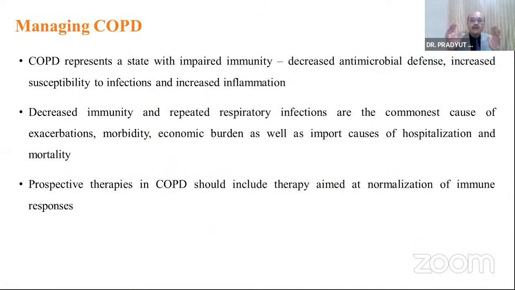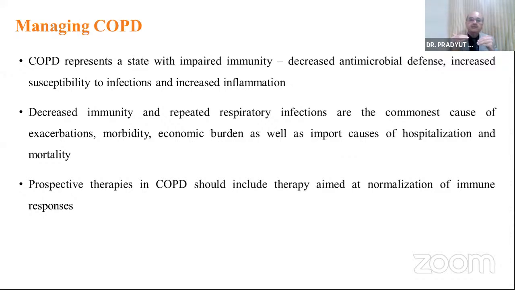So then how do you manage COPD in the current scenario? We all know that these patients need inhalers as per the GOLD guidelines, but now it is changing, as COPD represents, we know, a state of impaired immunity. So unless you improve their immunity, giving only the inhaled medication is not going to help these people. They have impaired immunity, they have decreased antimicrobial activities, and therefore they are more susceptible to infections and increasing inflammation.